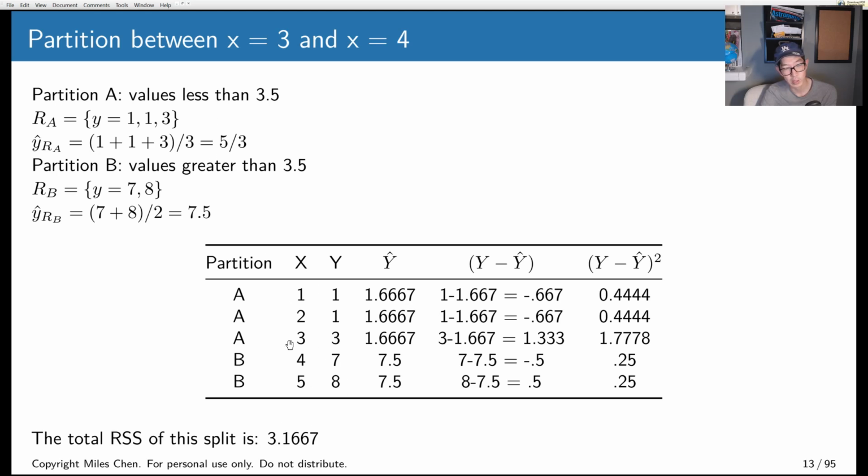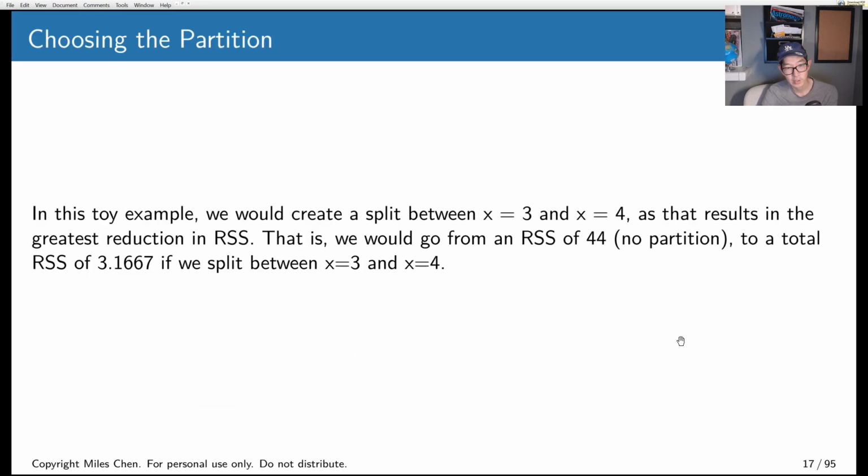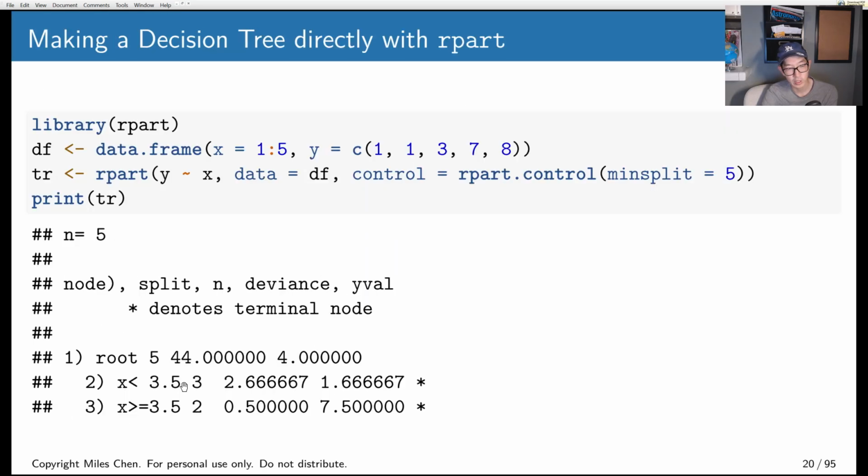We created a split here. And so what we see is we have 3 observations less than 3.5. Those 3 observations, what was our predicted value? Our predicted value is 1.667, and our squared residuals were 0.44, 0.44, and 1.778.